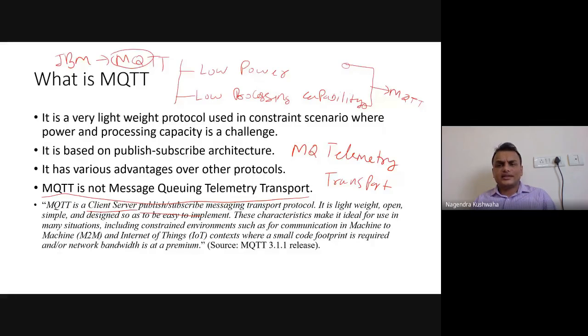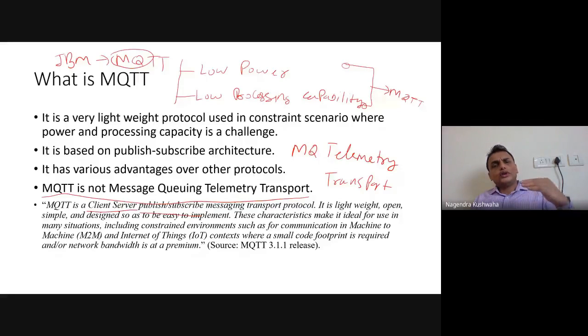Again, it says that it is lightweight, open, simple, easy to implement. So we'll also see how easy it is to implement. These characteristics make it ideal for use in many situations, including constrained environments, as we have already talked about in the first point itself, such as for communication in machine to machine, Internet of Things, right?